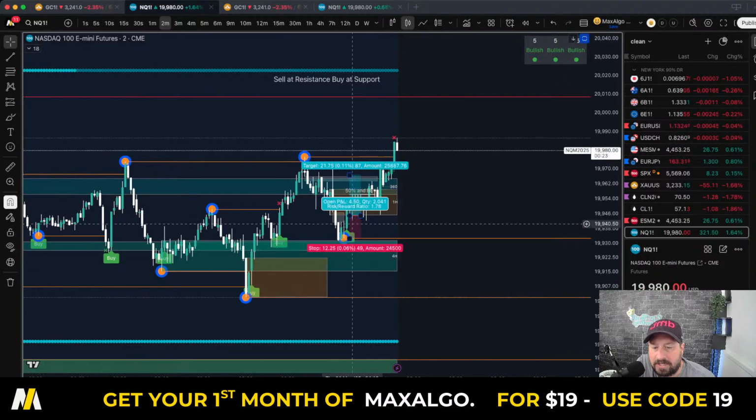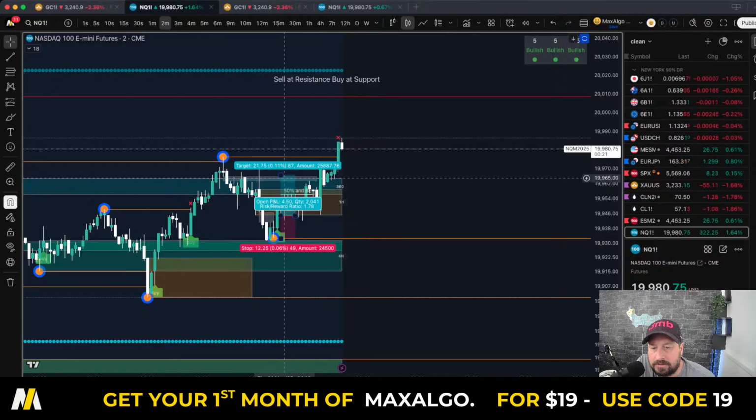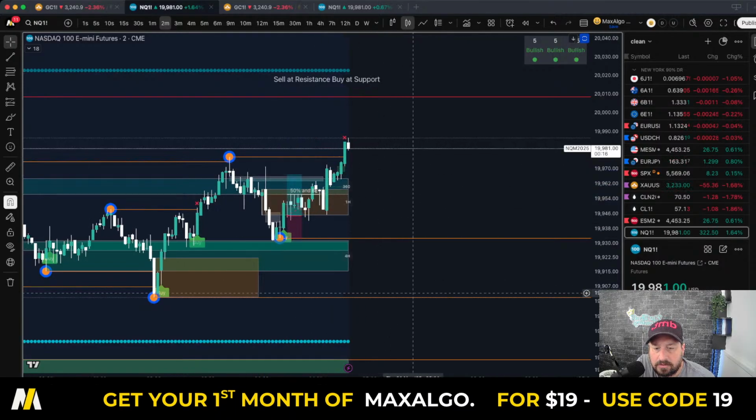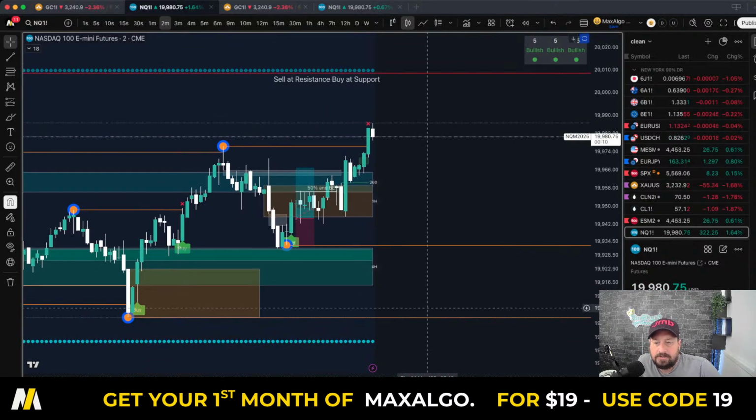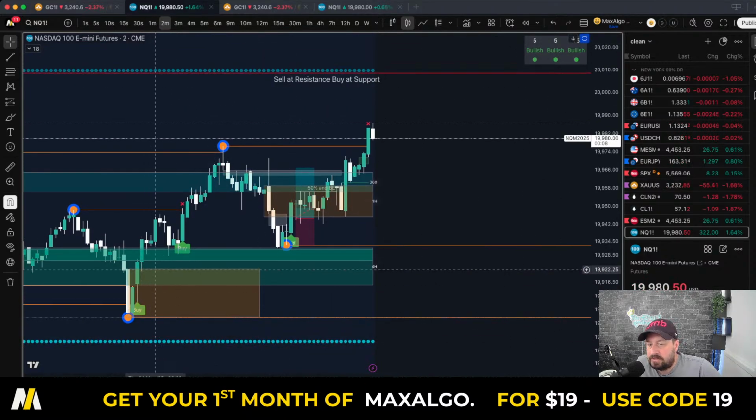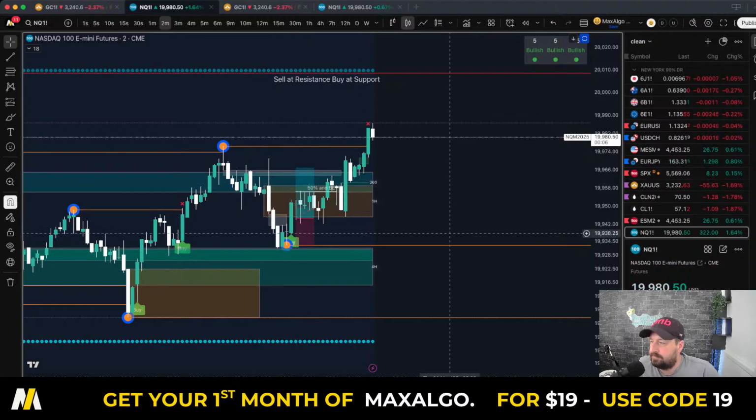So signal played out beautifully, even for liquidity above. Just we got stuck at that resistance and tapped out at break even, otherwise we'd have hit TP no problem. But they've all been good signals this morning.